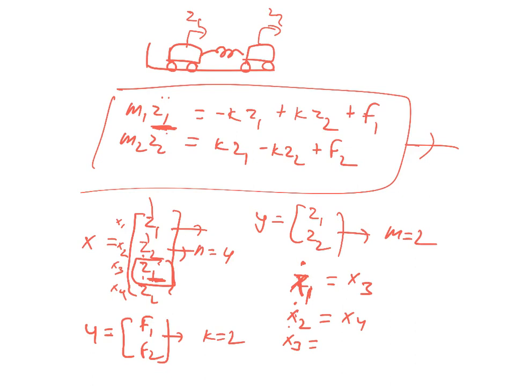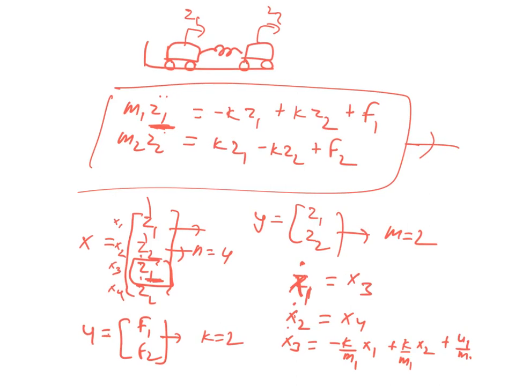We have a differential equation which relates z1 double dot to these things. So what will that be? That will be minus k by m1 times z1, which is x1, plus k by m1 times z2, which is x2, plus f1, which is u1, the input one, u1 by m1.